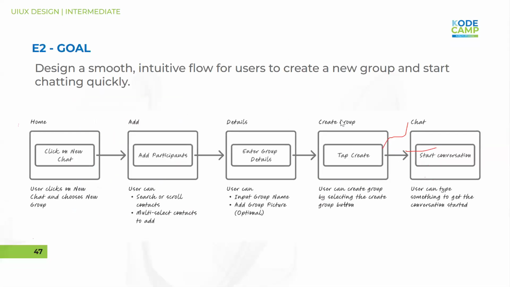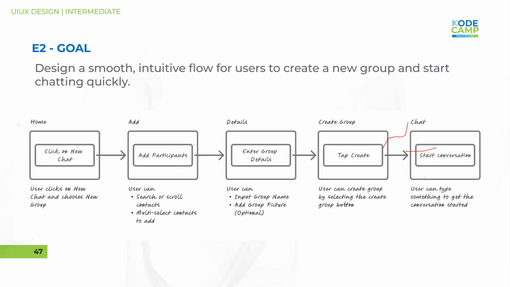Example number 2 says design a smooth, intuitive flow for users to create a new group and start chatting quickly. The goal is to create a new group and start chatting quickly. So what are the pros and the cons on this? Let's take a few seconds on it.